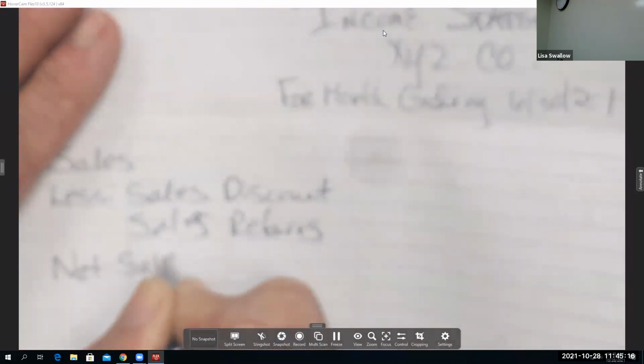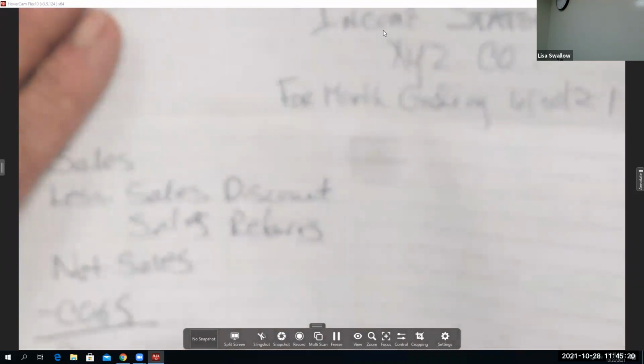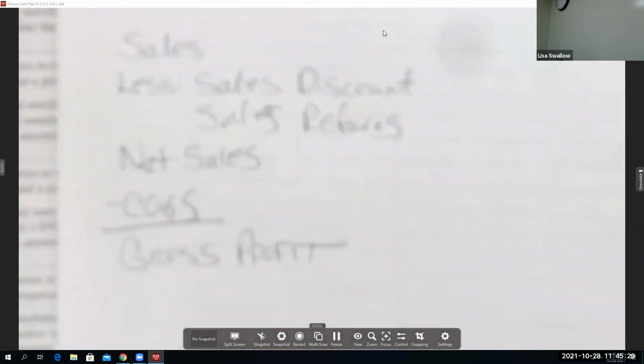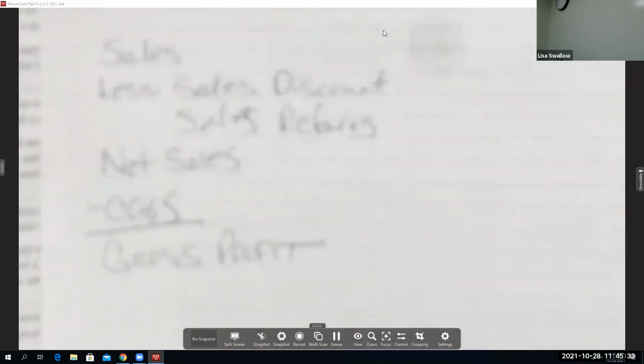And that's the number I subtract the cost of goods sold from to get gross profit. You've got to memorize this. It's in the book. It's what the top of your income statement now looks like.